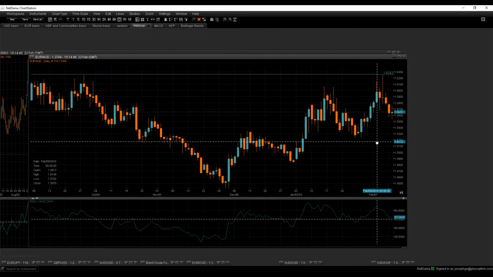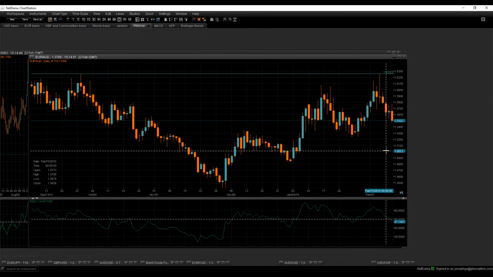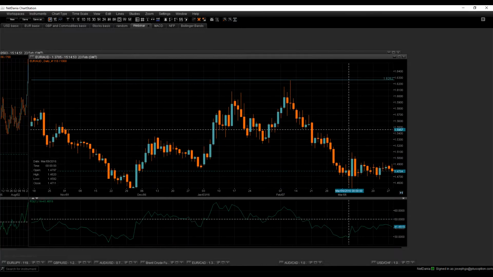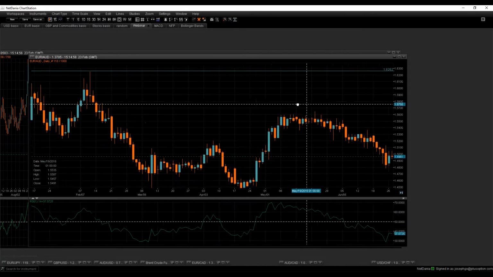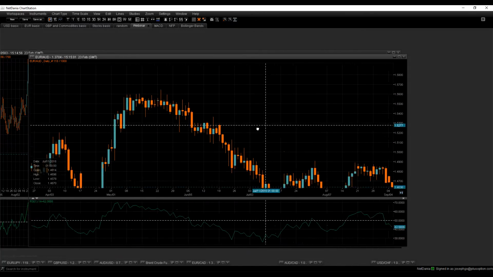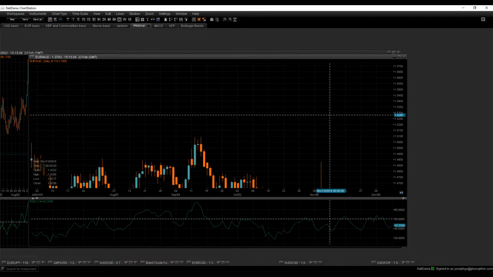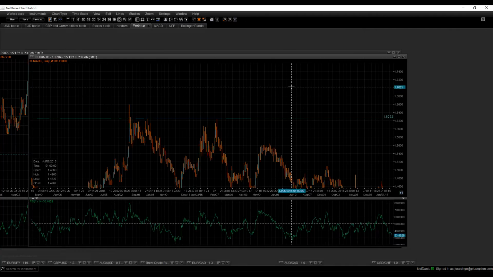Not live, of course. And you do see 4 bars later, the price is much lower, deeply in the money. And that might be our last opportunity, but let's just make sure. Okay, so that is it for support and resistance.